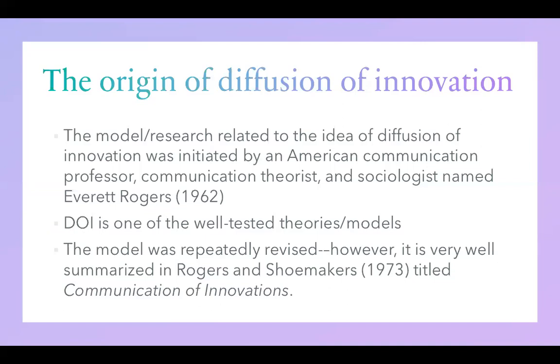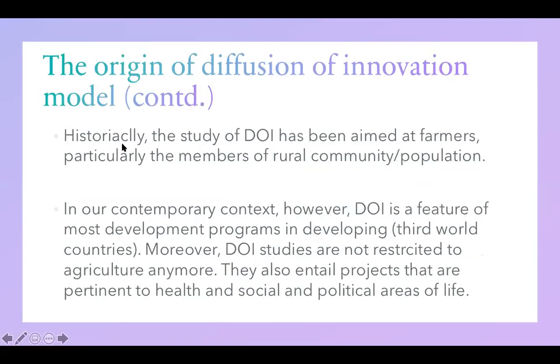Later on, he published a book on it, and his book got popular. Several other scholars related to the field of mass communication tested the idea. That is why DOI is one of the well-tested theories or models. And that's why I have written that historically the study of diffusion of innovation has been aimed at farmers, particularly the members of rural communities or populations.